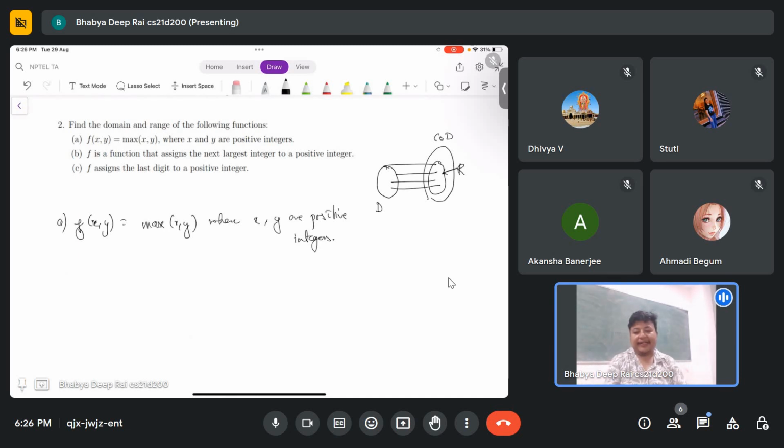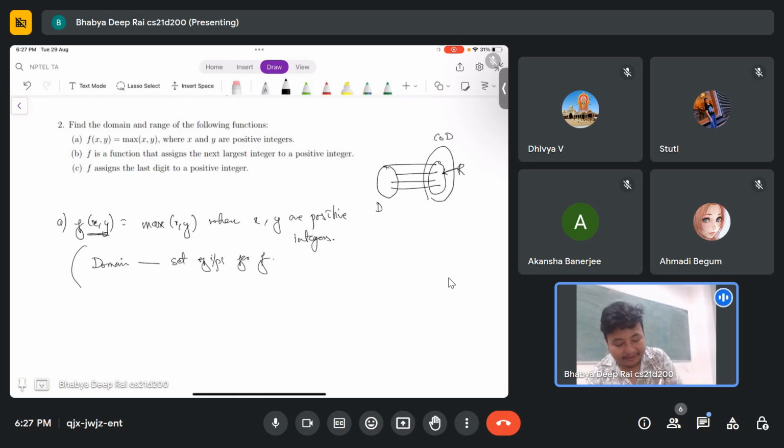So f of x, y takes the maximum between x and y. What is the domain? Domain is the set of inputs for function f. But we see here that f does not take a single input. It takes two inputs, so it takes a tuple. If we remember the relations chapter, it takes a tuple as input, two numbers at once. So what is the set that it takes from?